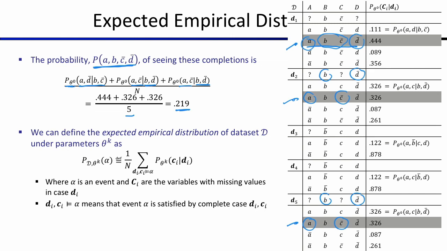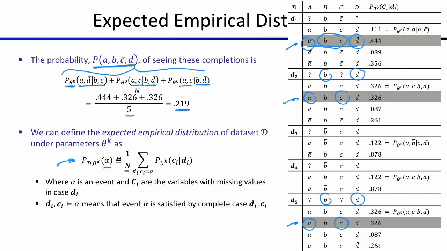So we have here the same idea expressed with one equation. What we are saying is that alpha here is going to be one complete instantiation that we have in the empirical probability distribution. And we have this 1 over n. N is the number of cases we have in the data set, and we have the summation here on the top for all the cases that match the instantiation.